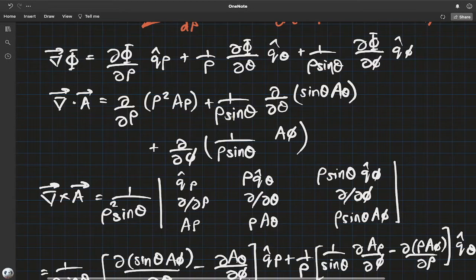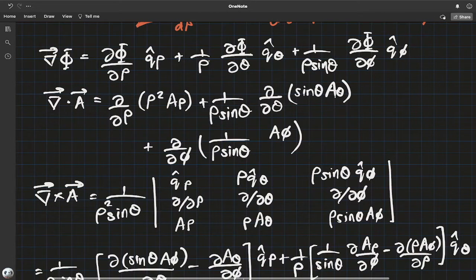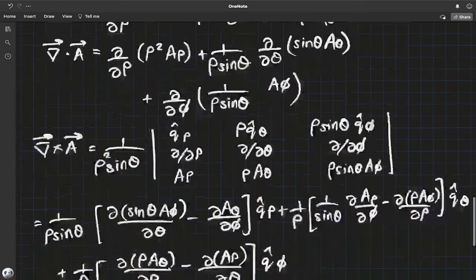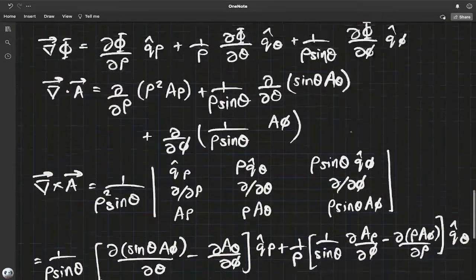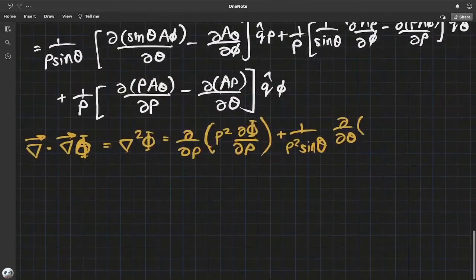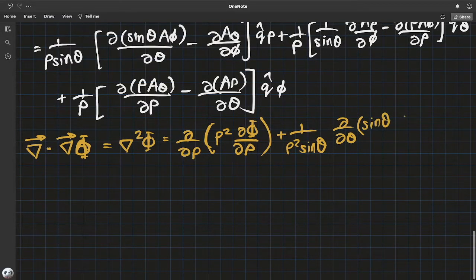For this guy now, we have 1 over rho sine theta, and then 1 over rho times partial phi with respect to theta, so the rho comes out. So we have 1 over rho squared sine theta partial with respect to theta of sine theta partial phi with respect to theta, plus the last term.